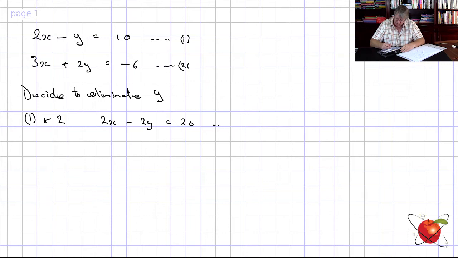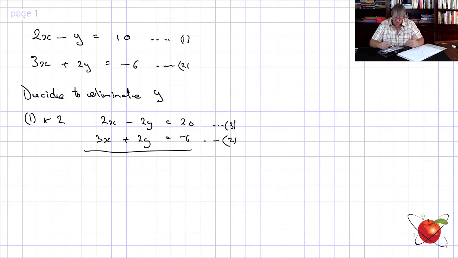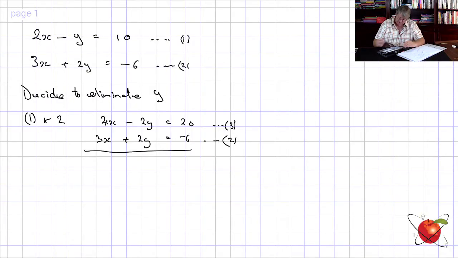We call that equation number 3. Then we slide equation number 2 in: 3x plus 2y equal to minus 6. Draw a line. Now we look at the two terms we want to eliminate, and all I have to do is add them. Sorry, that's a 4x, because I'm multiplying this by 2.